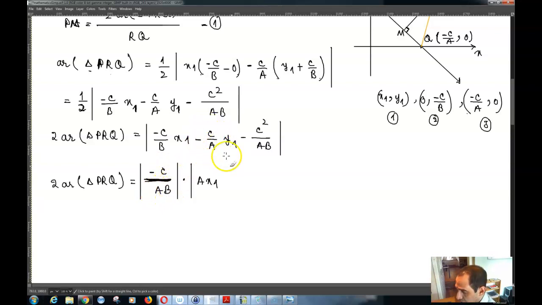Since it's not present here, I add it to the numerator, so that becomes B times y1. And over here I've taken a C negative, basically C over AB, so only a positive C remains here. So that is basically one thing that we can use later.